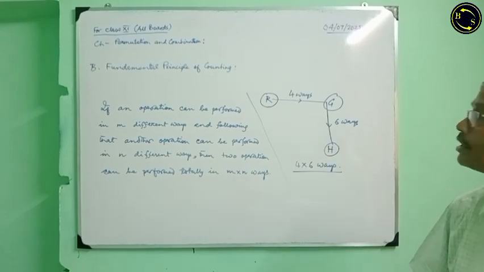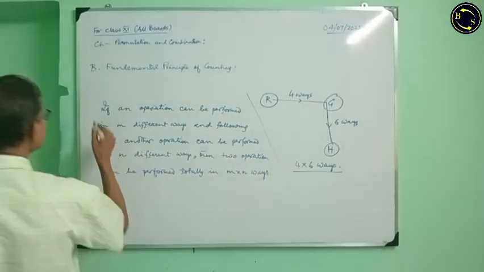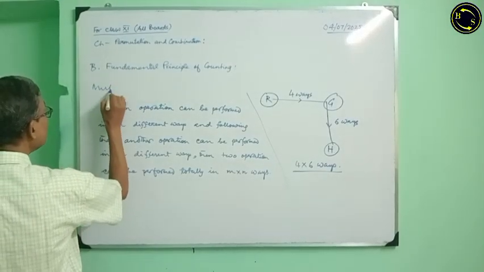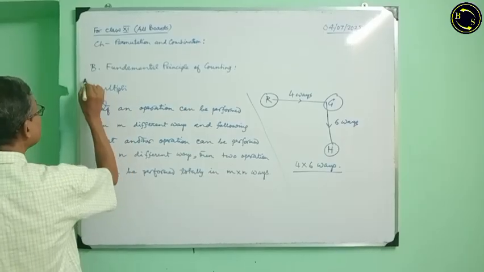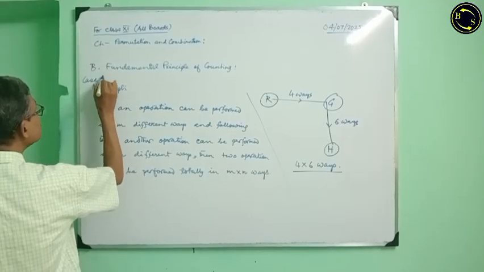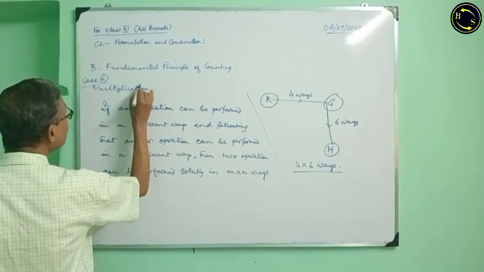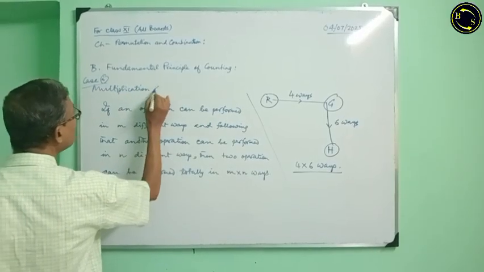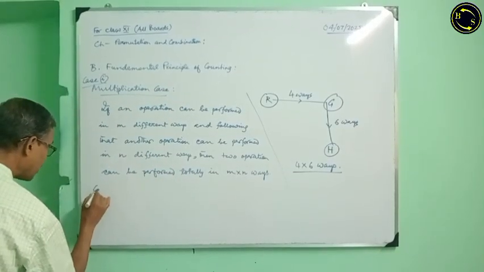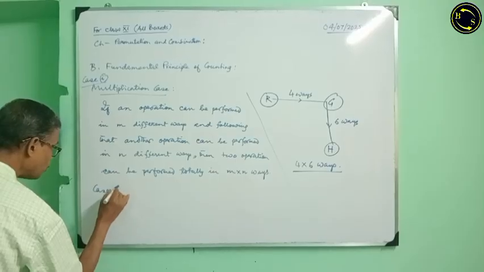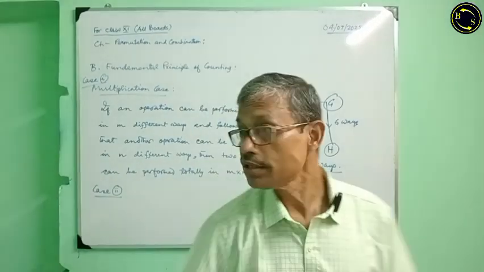This is the fundamental principle of counting. This is the multiplication case, case 1. Now there is a second case, case 2. This is the addition case.